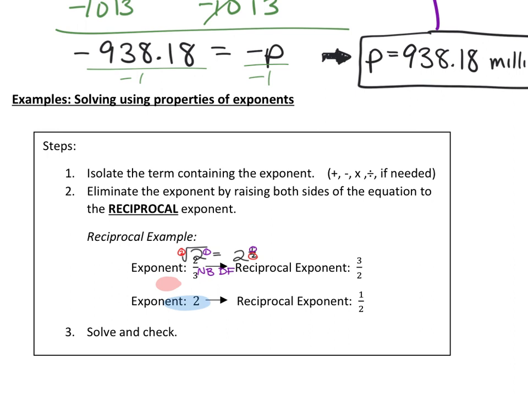Now, what is a reciprocal? That's a great question. If the regular exponent was 2 over 3, the reciprocal exponent is 3 over 2. What did I do there? That's all a reciprocal is. So if you want to write that down for yourself, a reciprocal is a flip. All you have to do is flip the number over and you're good to go.